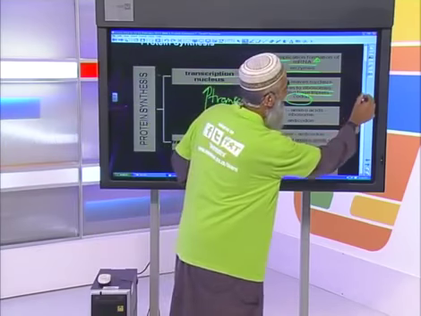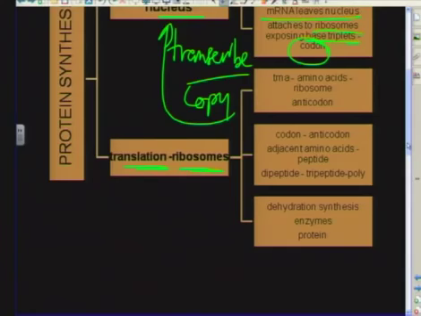How does that happen? First of all, the transfer RNA picks up amino acids. Where do they take them? To the ribosomes. And remember I told you earlier, those base triplets, that is known as the anticodon. Now we got two words, the codon and the anticodon. The codon provides the code, the anticodon breaks the code.